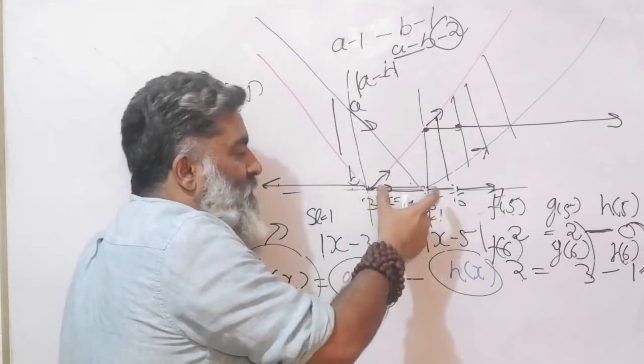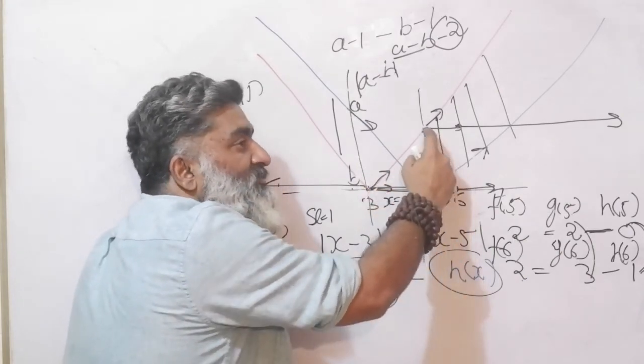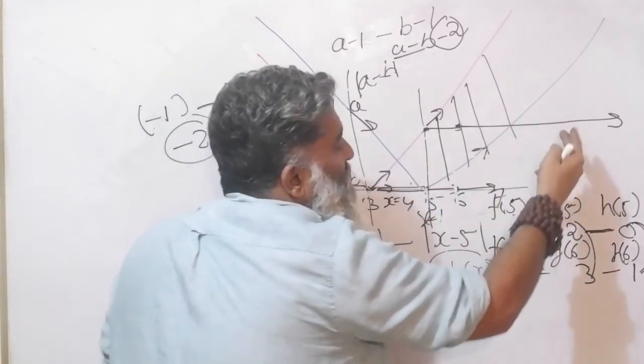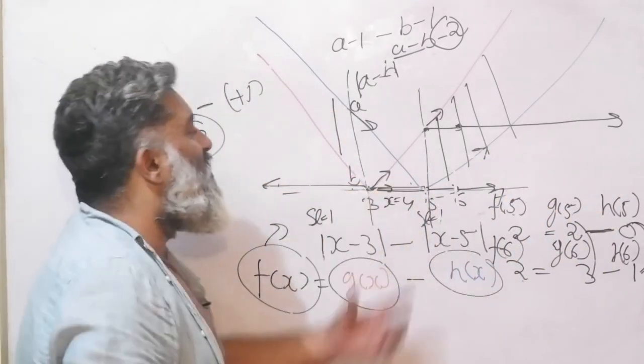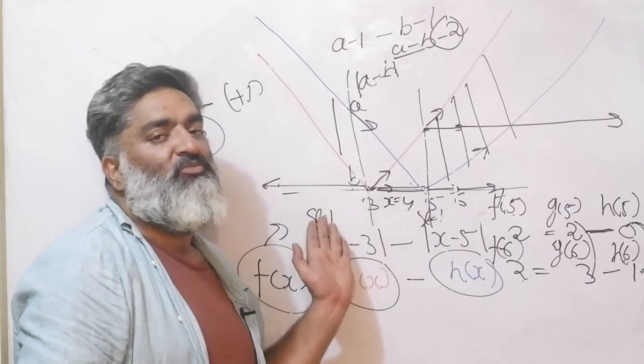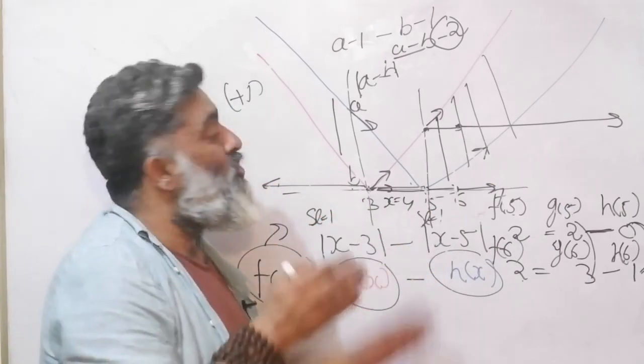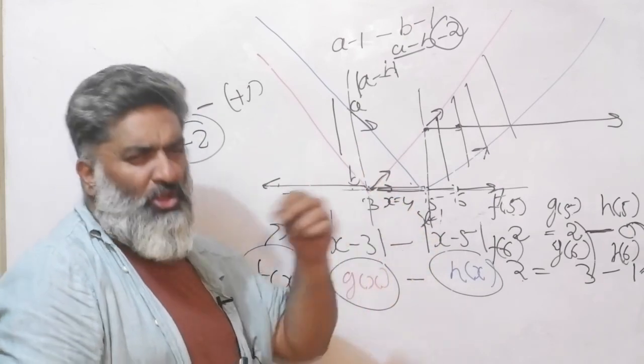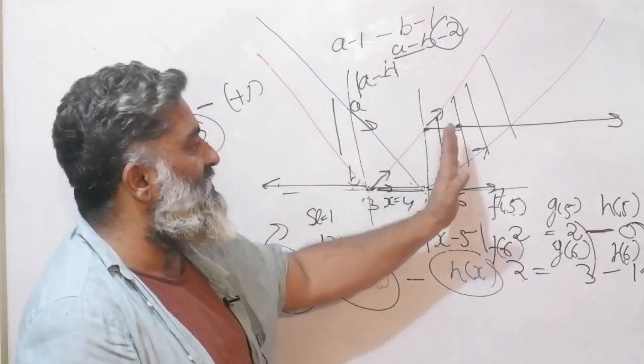For this region, the slope for this is plus 1. But beyond this region, for both of them it is minus 1, or for both of them it is plus 1, right? So that's why we do not consider this, we go beyond the extreme points only. But conceptually, we can think about what is happening in the middle regions as well, though it gets a little more complicated than the simple process here.